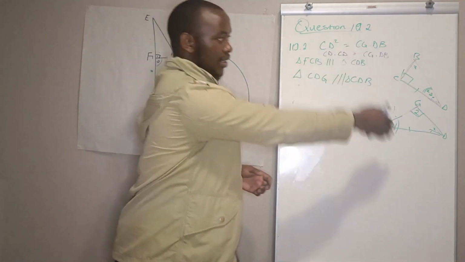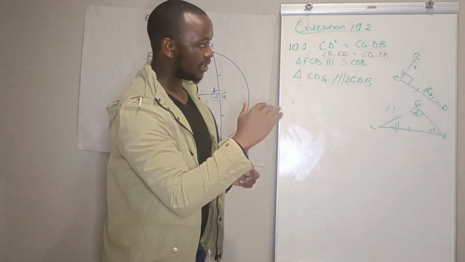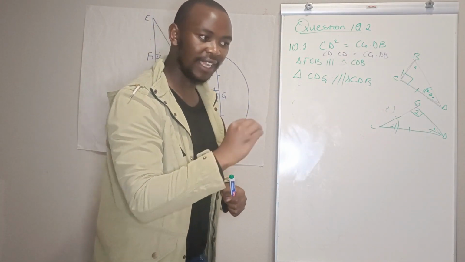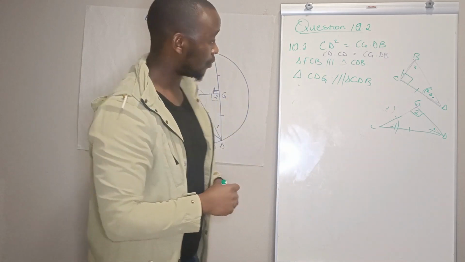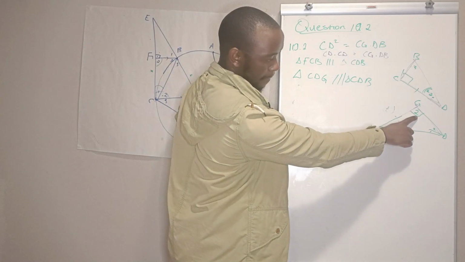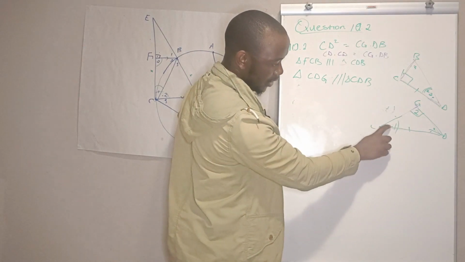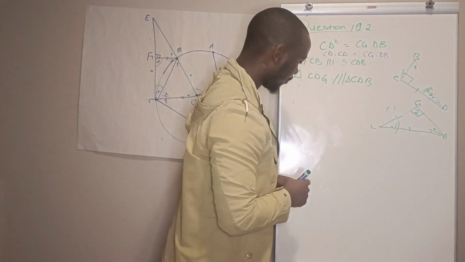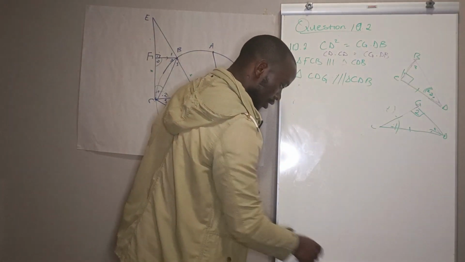Because those two triangles are similar, all the sides are proportional. But which side is proportional to what? How do you locate the sides? You see that there's a right angle here and here.